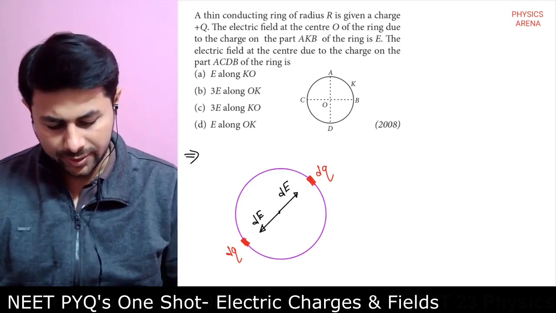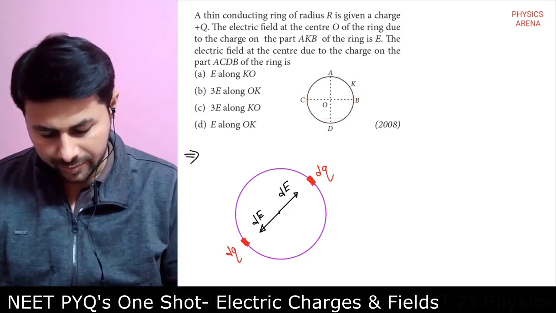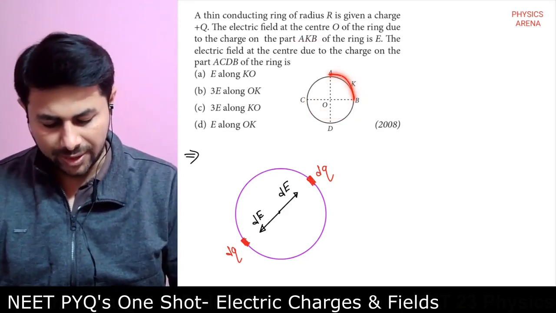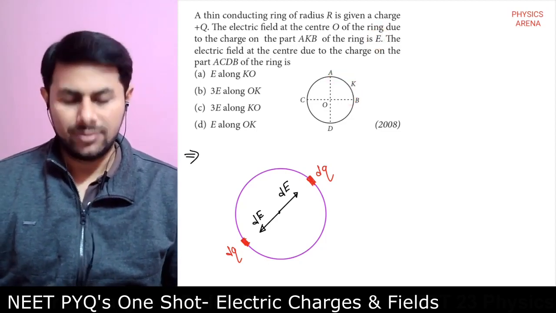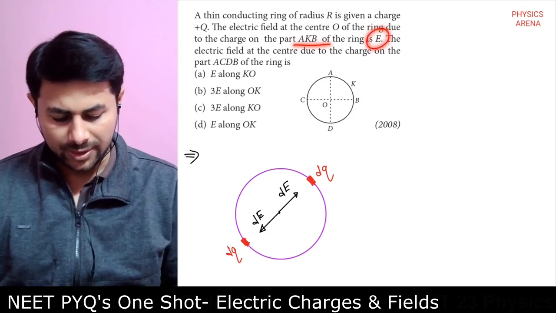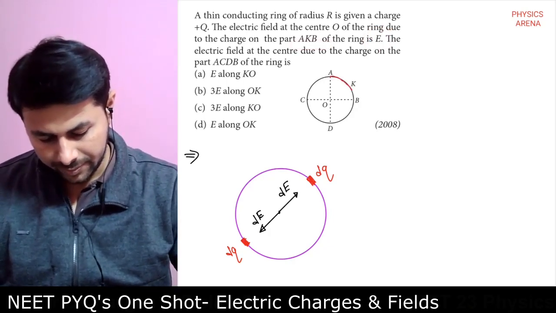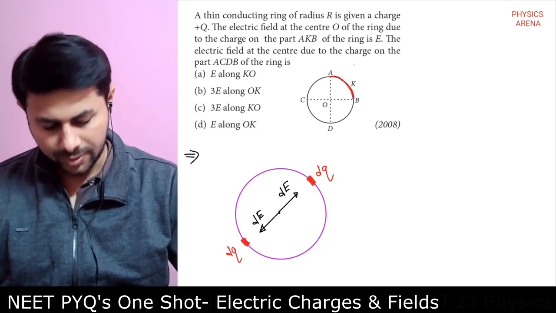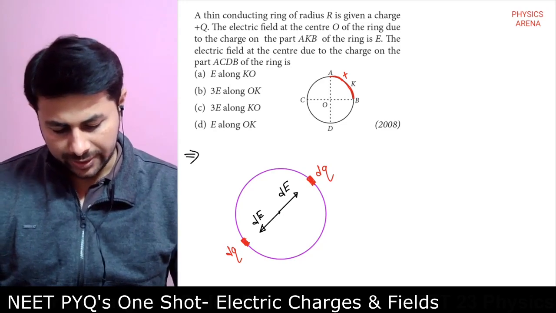So the question is, you are giving some charge, and the electric field due to this much part is E. So there is some positive charge on this part. What will be the direction of this electric field?